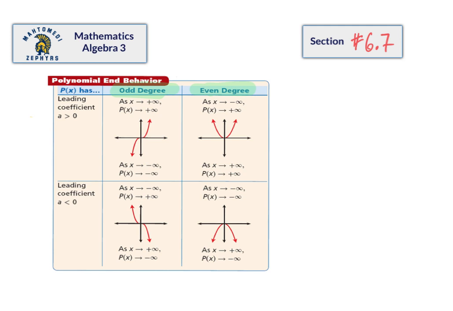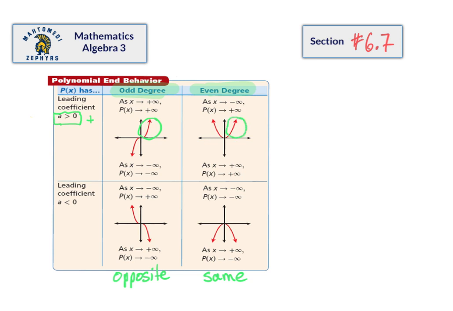Notice on the even side, for the even degree functions, they're each finishing in the same direction. So what that means is if the leading coefficient is positive, and we're going to call the leading coefficient A, when it's positive, greater than 0, on the right side, the graph is finishing up.